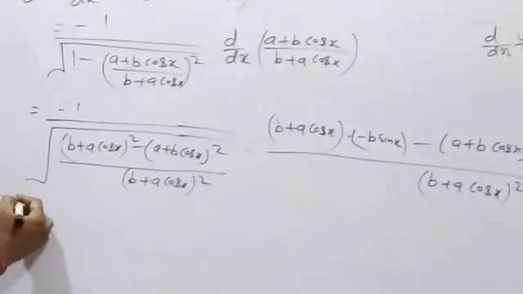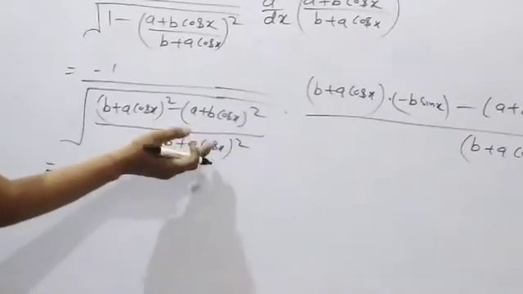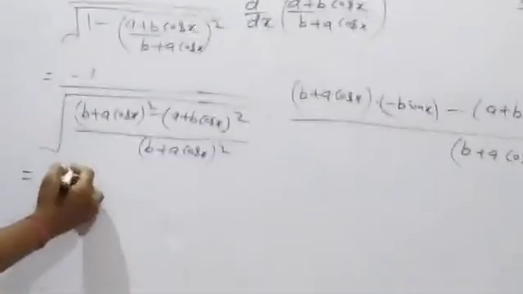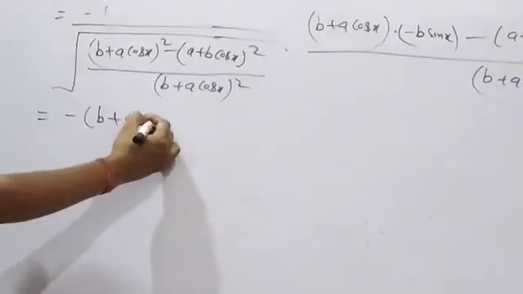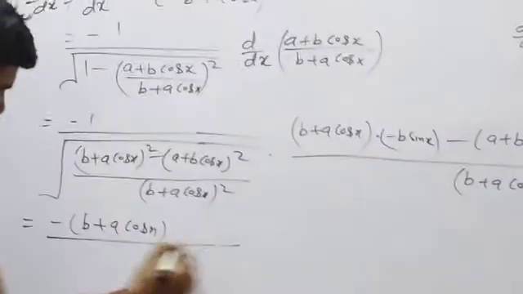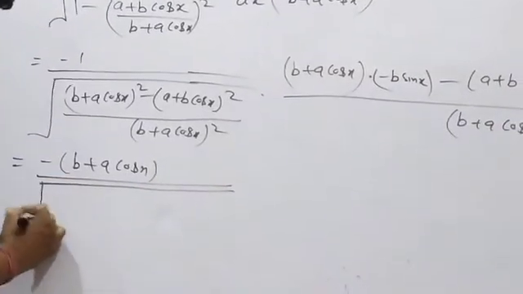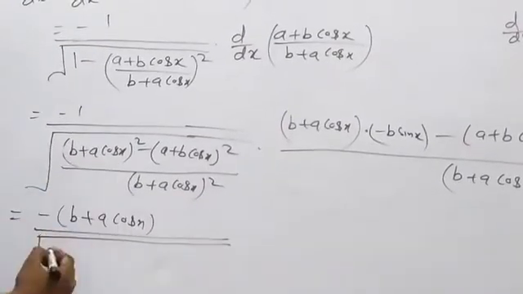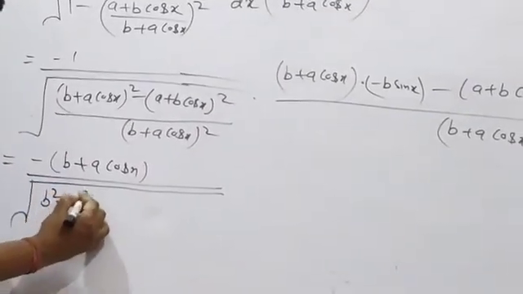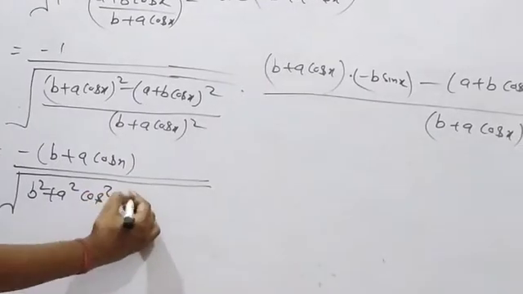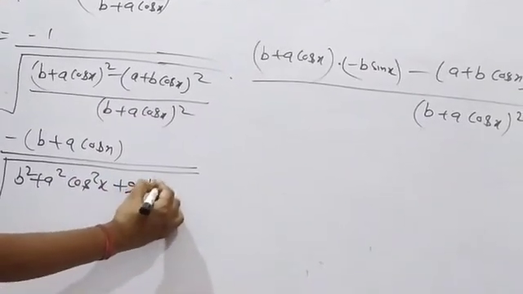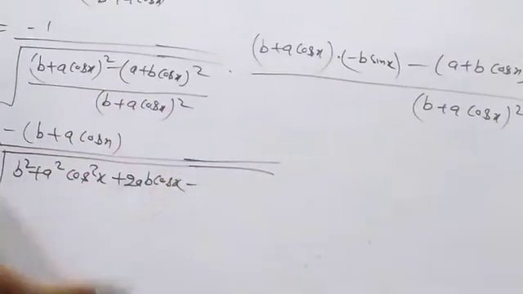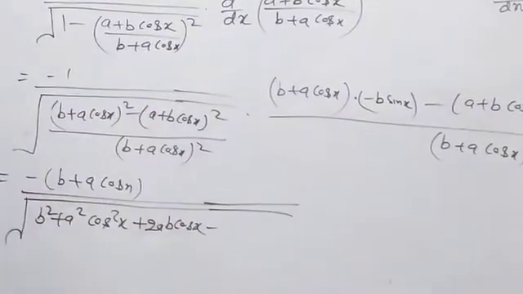After that, the minus sign comes outside because this is a square root. After squaring this one, we can write here (b plus a cos x) whole upon under root of (b plus a cos x) whole square, meaning a square plus b square, plus 2ab... b square, a square cos square x plus 2ab cos x, and minus (a plus b cos x) whole square.